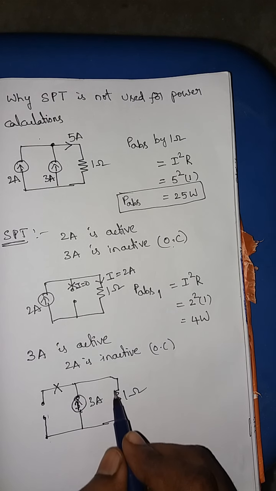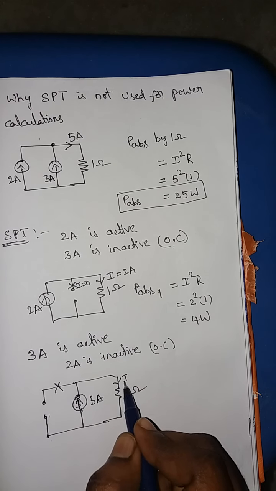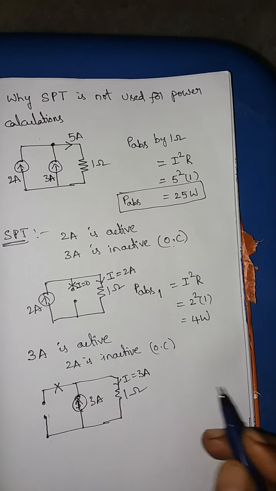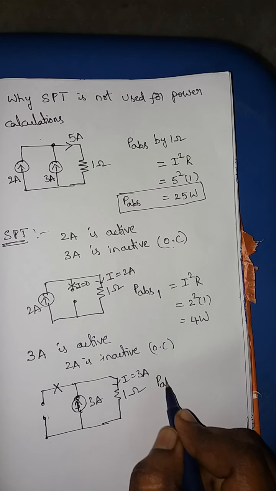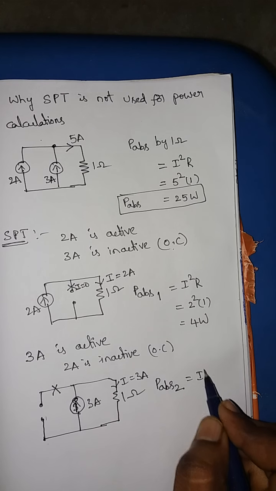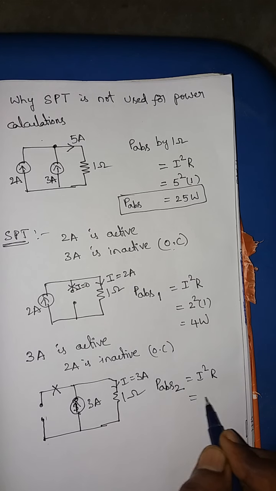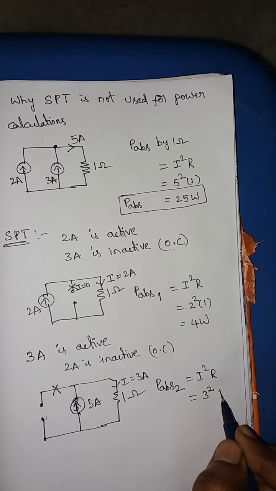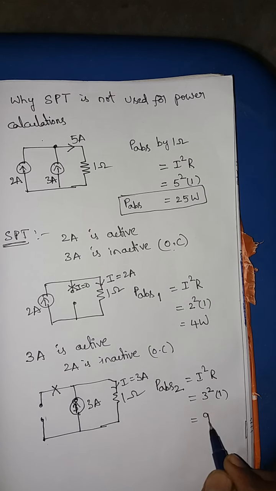So 3 amps has to flow through the 1 ohm. Therefore power absorbed 2 is equal to I square R, so here I is 3, 3 square into 1. This is 9 watts.